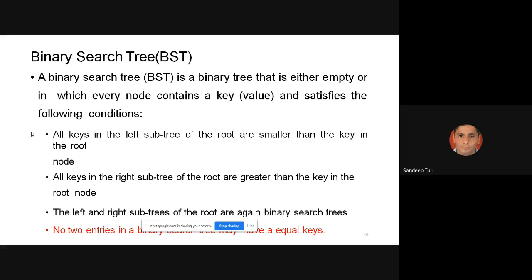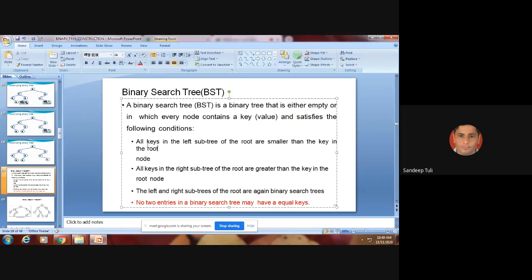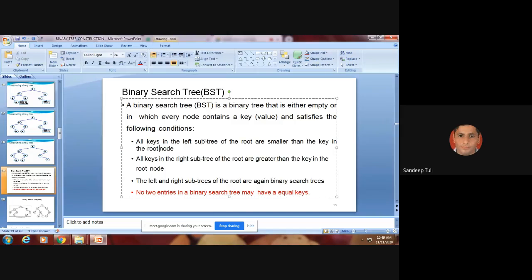All the keys in the left subtree of the root are smaller than the key in the root node. You are getting it? All the keys in the left subtree of the root are smaller than the key in the root node.